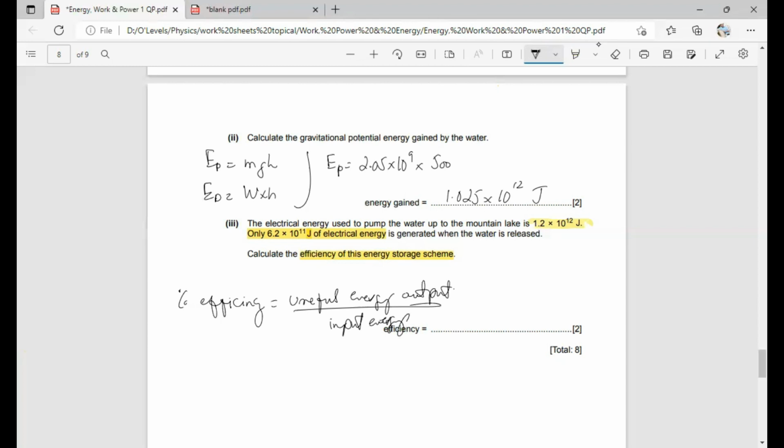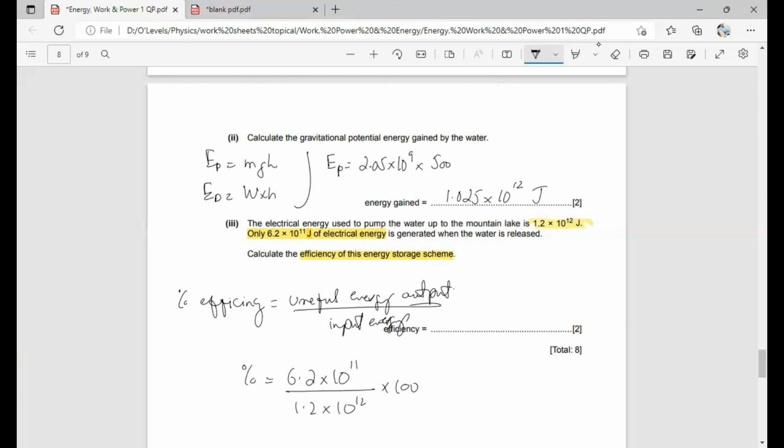So, the answer will be 6.2 exponential 11 divided by 1.2 exponential 12 times 100.